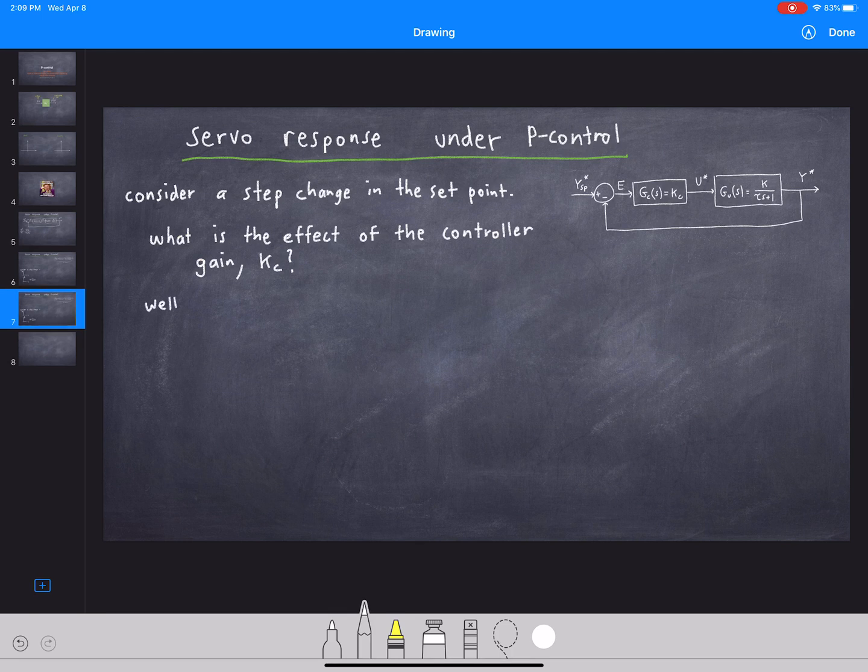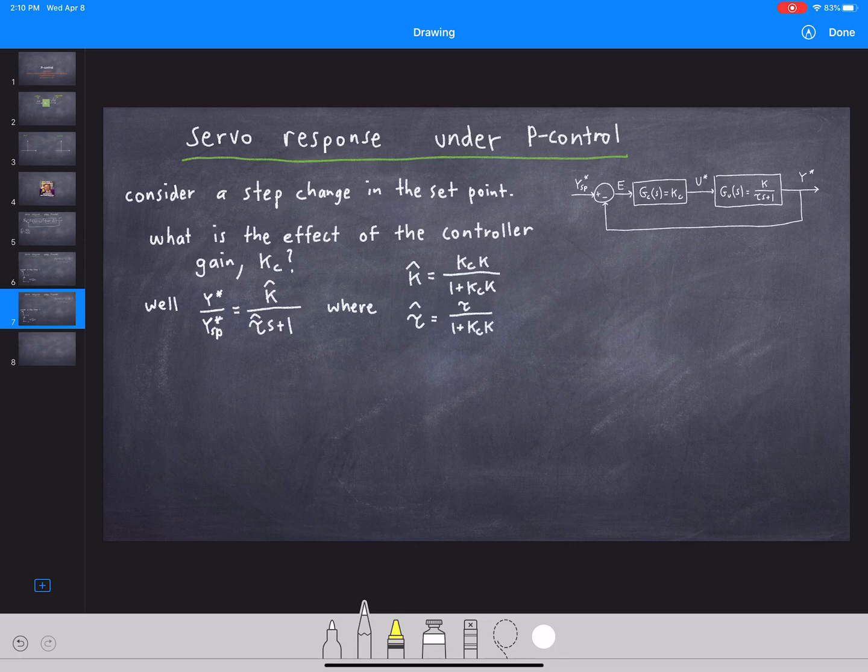So, well, y star over y set point star equals k hat over tau hat s plus 1, where k hat equals KcK over 1 plus KcK, and tau hat equals tau over 1 plus KcK.